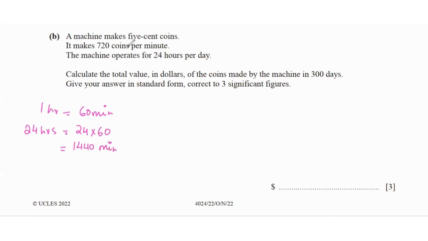So if it's making 720 coins per minute, the total coins is going to be 720 times 1440, which is this.